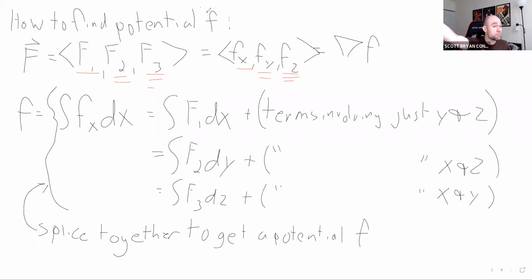So we're integrating the first component with respect to x, the second component with respect to y, the third with respect to z. And we're piecing these together to get our original function f. And so here's what I mean. You need to be careful because, well, let's do an example, and then this will show how this works.